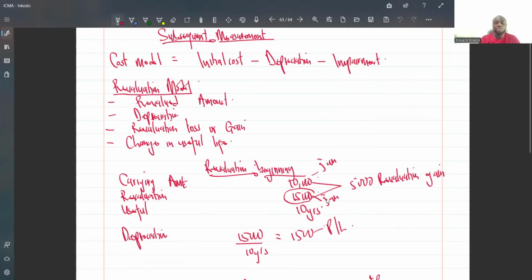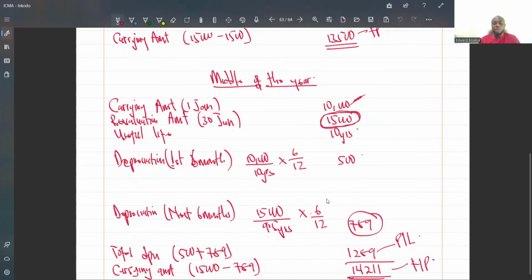Let's look at when it was in the middle of the year. We had 10,000, right? This 10,000 was charged a depreciation of 500, so it came to 9,500 before we continue with the 15,000. So there's a certain revaluation gain as at the time the revaluation amount came in.